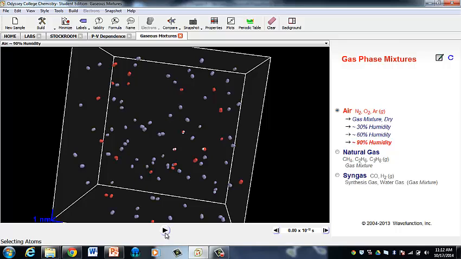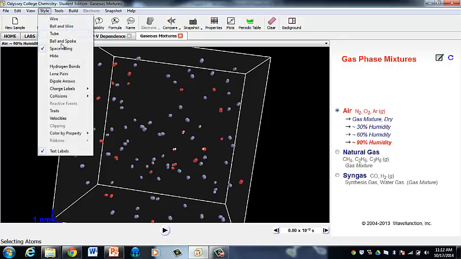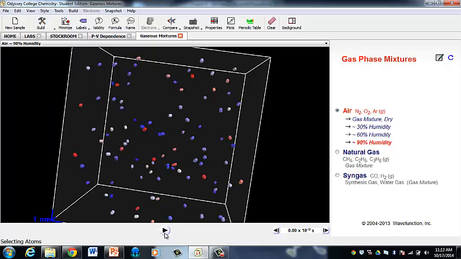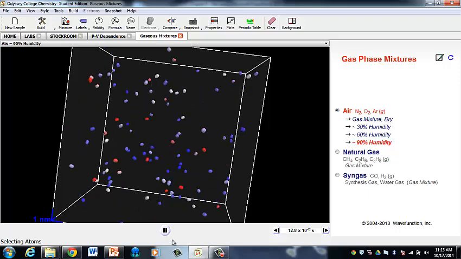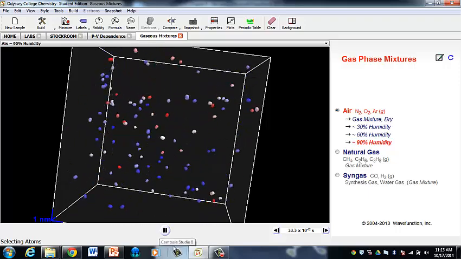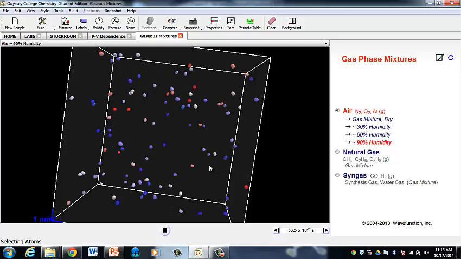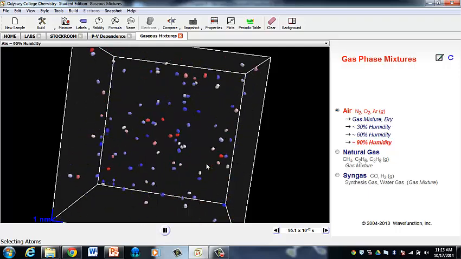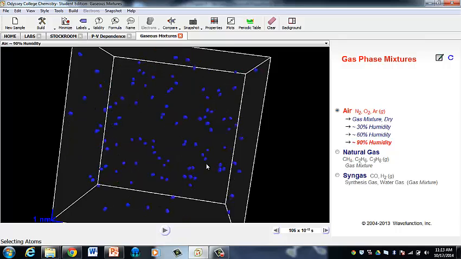So that's the picture you want to have in your head. Remember that we have some molecules that'll be faster, some that'll be slower. So I changed it so that now they are colored based on their kinetic energy. The red ones now are the ones that are moving quickly. The blue ones are moving more slowly.